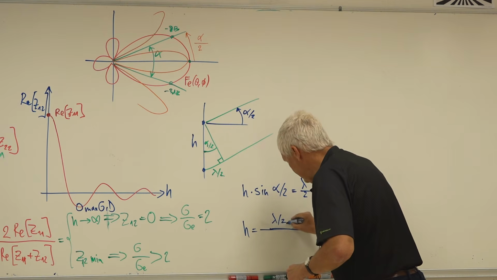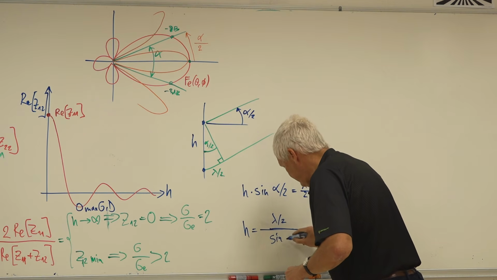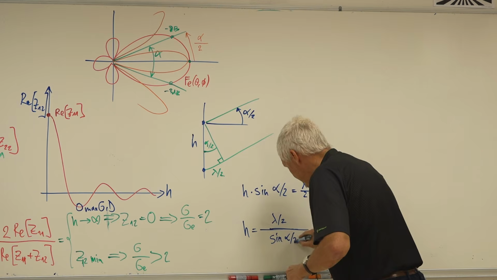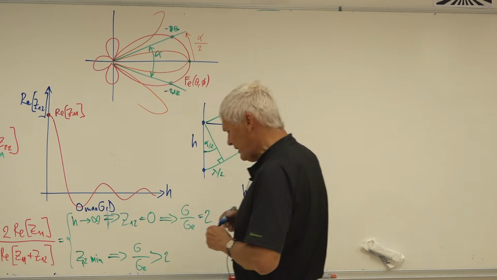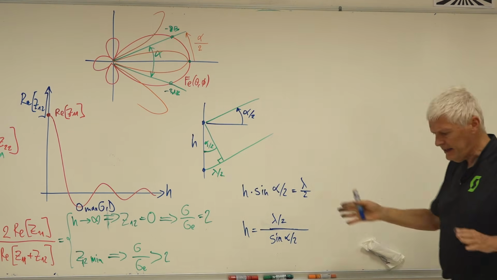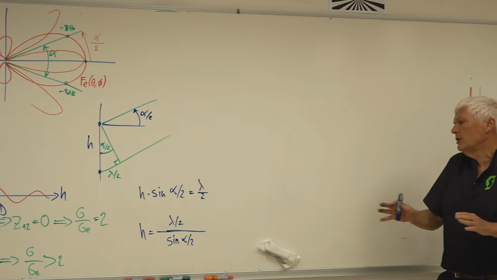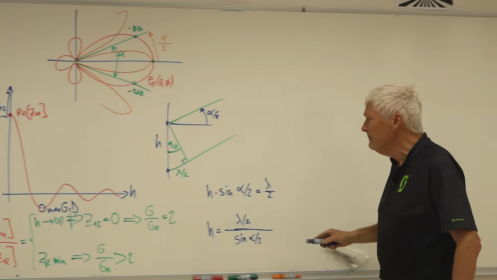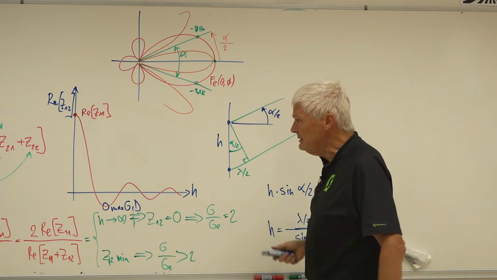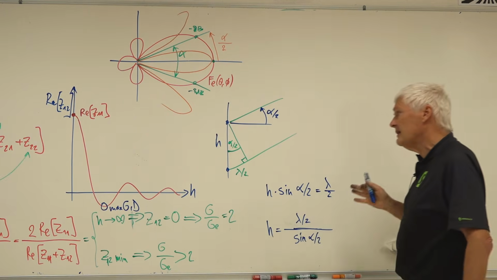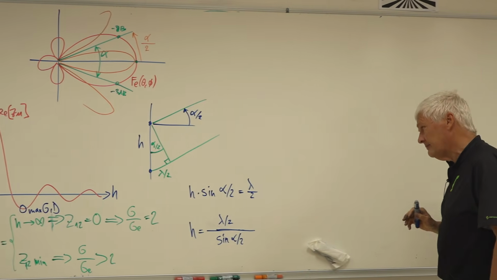Lambda half divided by sine of alpha half, where alpha is the angle provided by the manufacturer, the beam width of the antenna you bought in the store. And you don't know how it works, you just have this data. And from this data you obtain the spacing, the required spacing to give approximately the maximum gain.